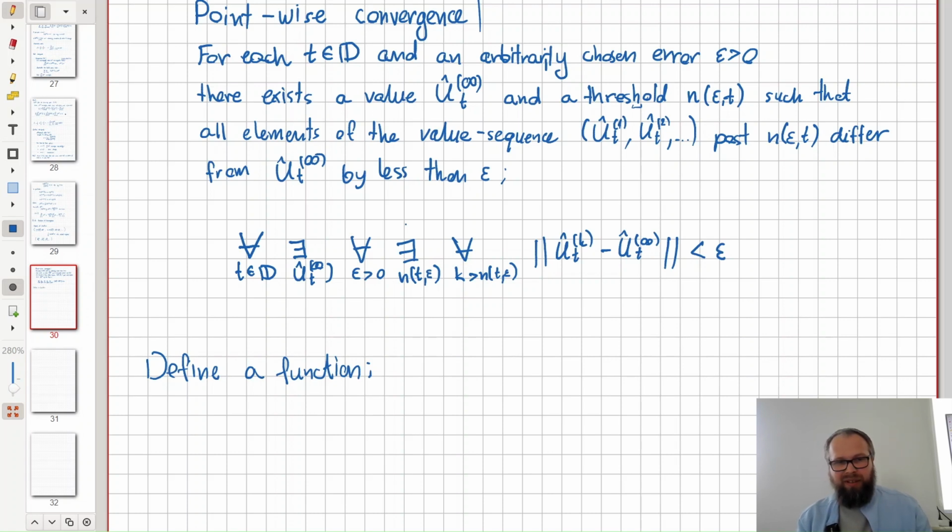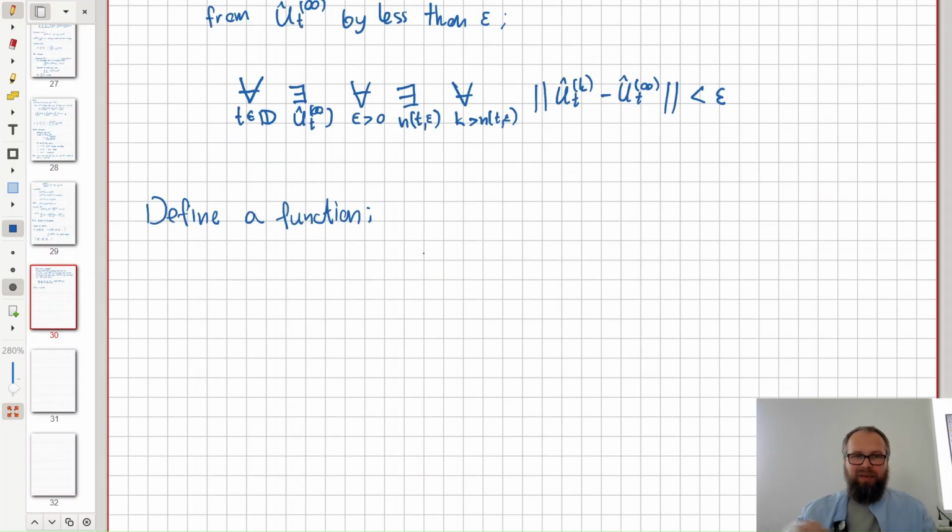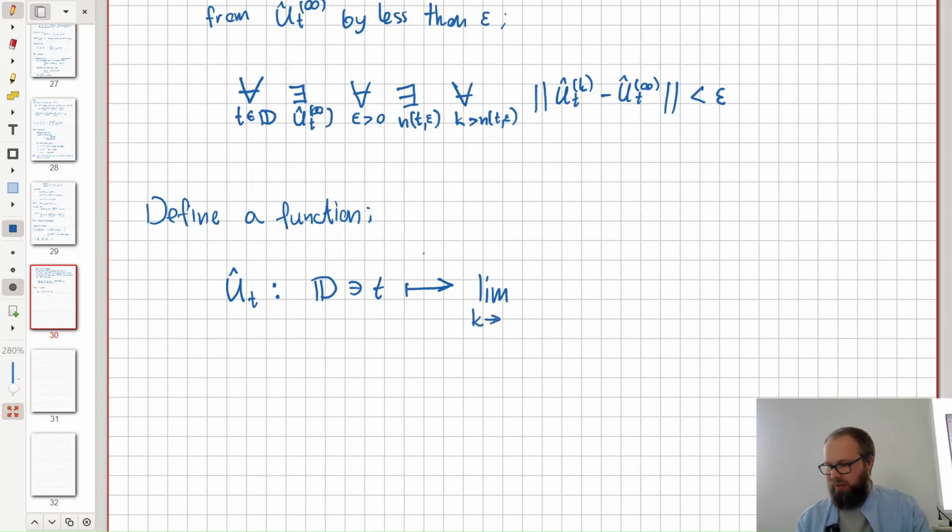So we would have, let me scroll down, some function u t such that it takes arguments from the domain D, and then it assigns to each argument the limit of this pointwise convergent sequence u t k, which we denoted by this formula.